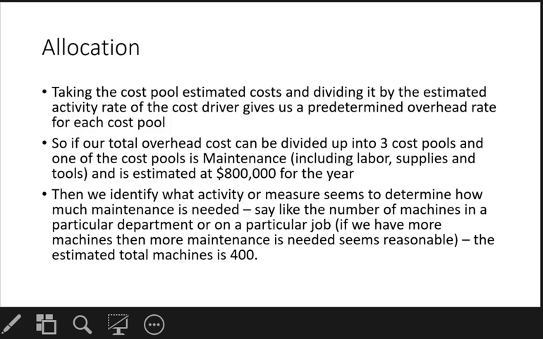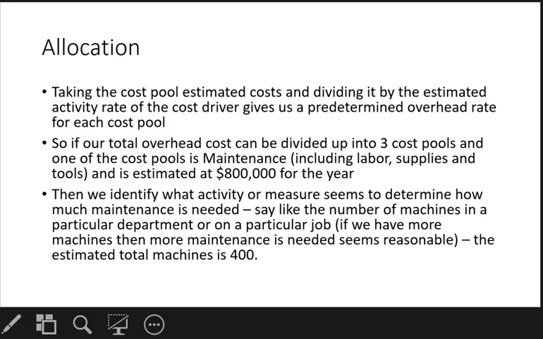So if one of our cost pools is maintenance, and we include in that labor, people working, supplies, and tools, and it is estimated at $800,000. We've put some dollar amounts here to show how this is going to work. We identify the activity or measure, the cost driver.